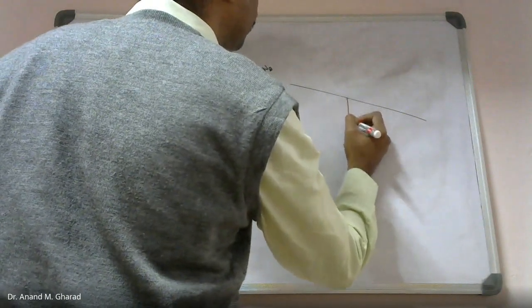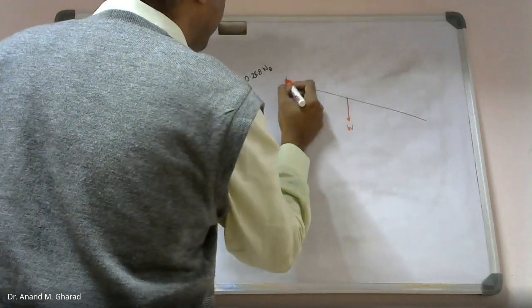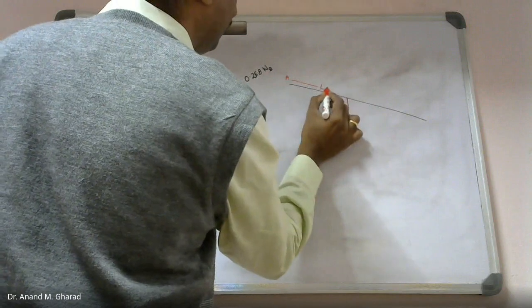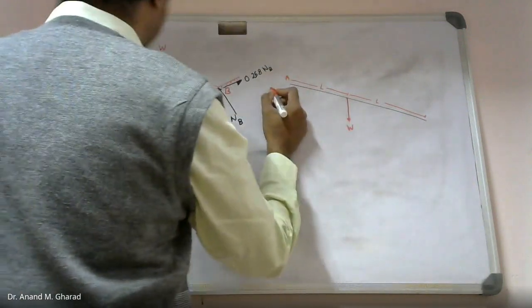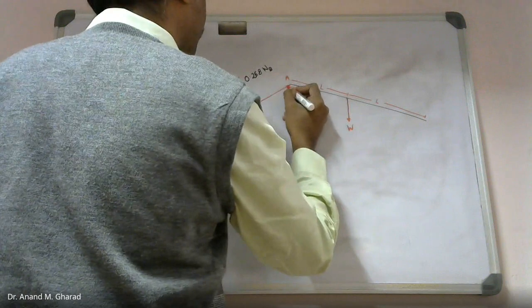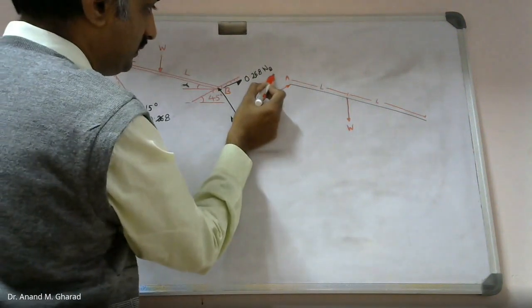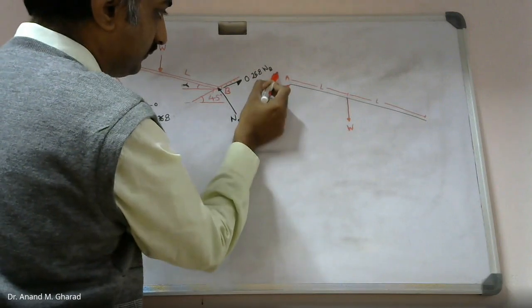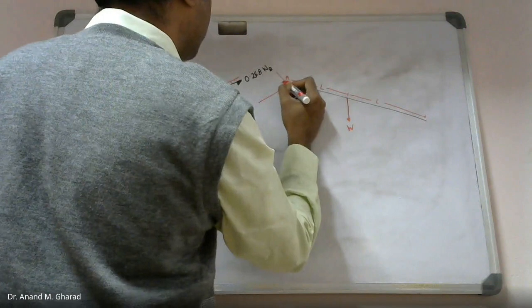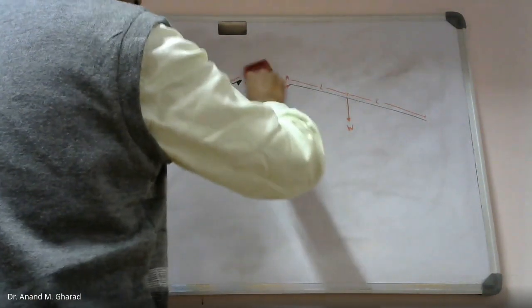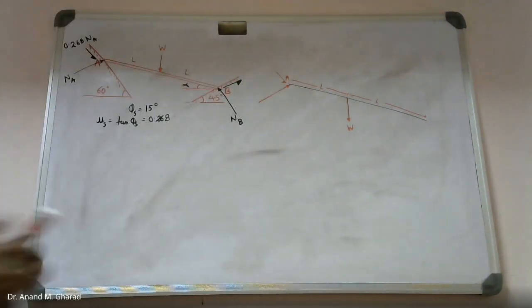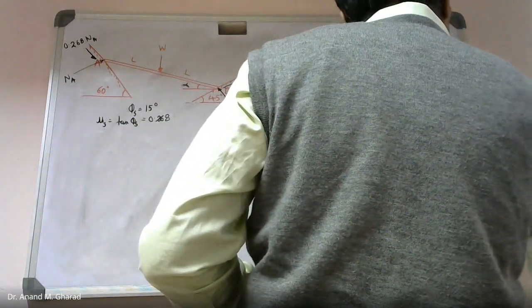So this is W. This is point A. From here to here it will be L, and here to here again it is L. Now this reaction and this frictional resistance, and over here a 45-degree inclination.